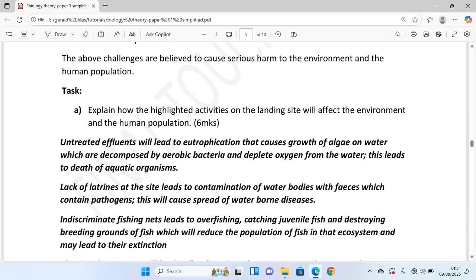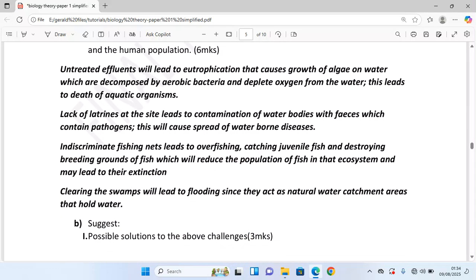For example, when you look at the first response here, we are seeing that the untreated effluents will lead to eutrophication that causes growth of algae on water, which are decomposed by aerobic bacteria and deplete oxygen from the water, leading to death of aquatic organisms. What is eutrophication? That is mineral enrichment.